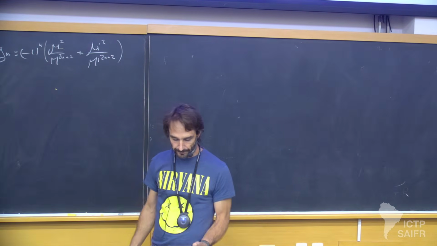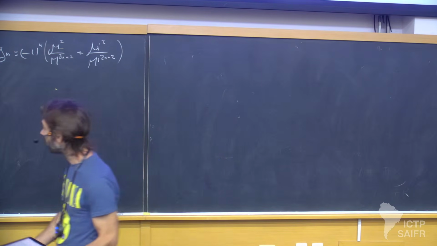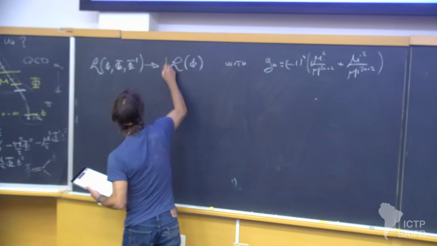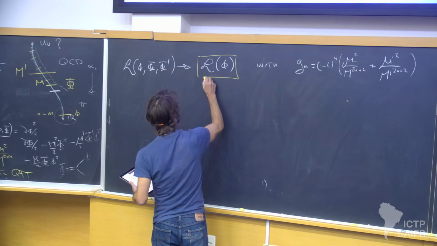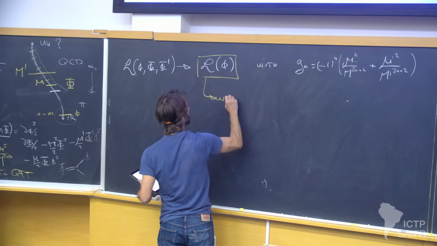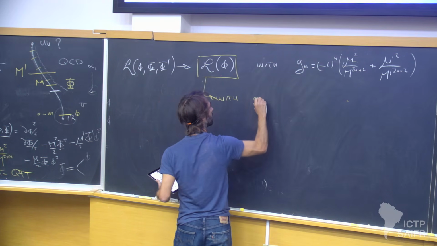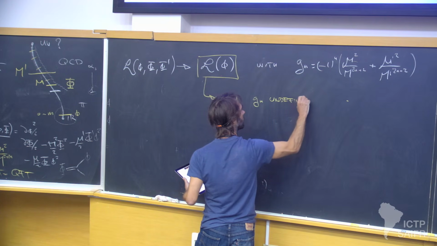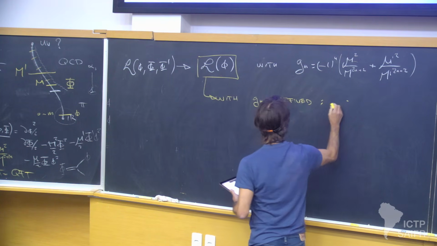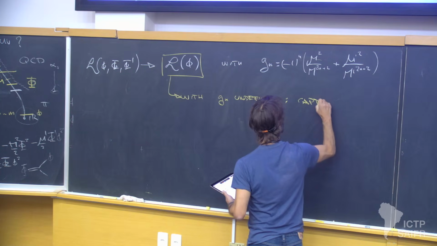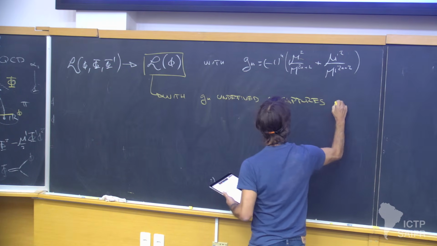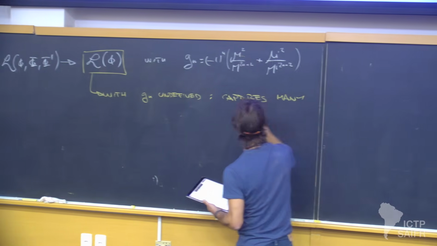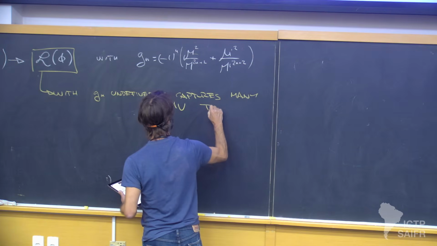And so the point is that this thing with G undefined captures many UV theories, okay?